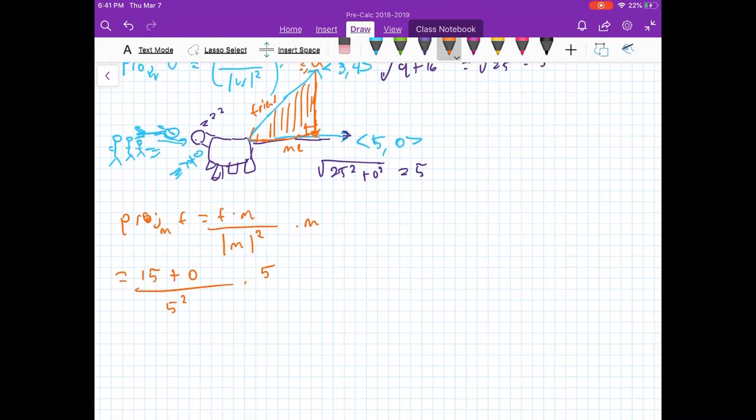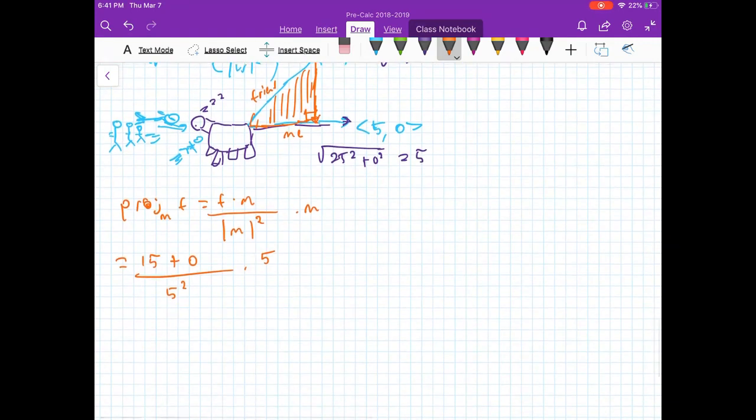So we would say it's 15 plus 0, equal to 15 over 25 times 5.